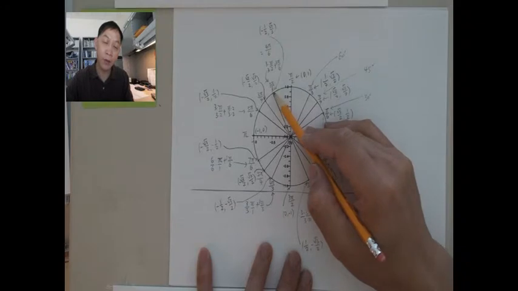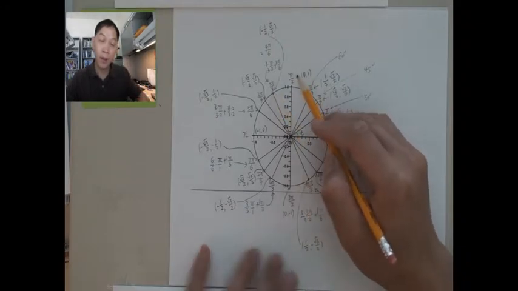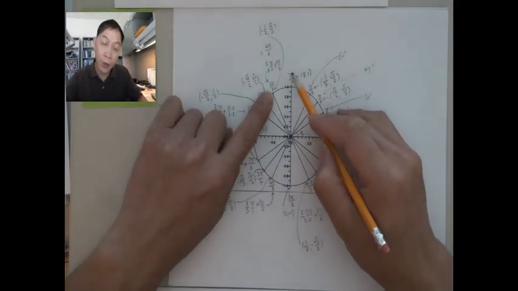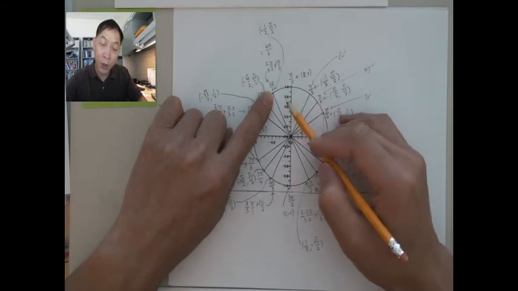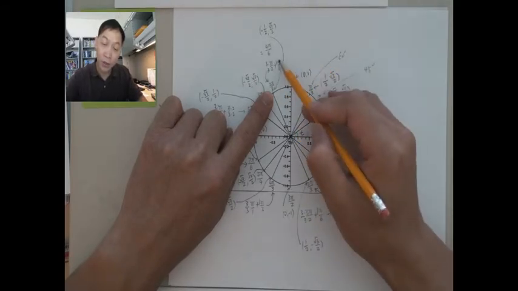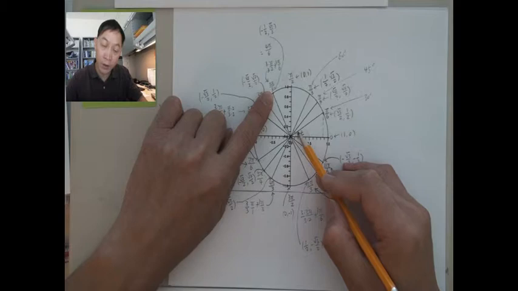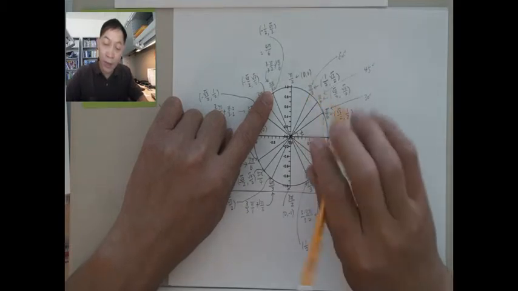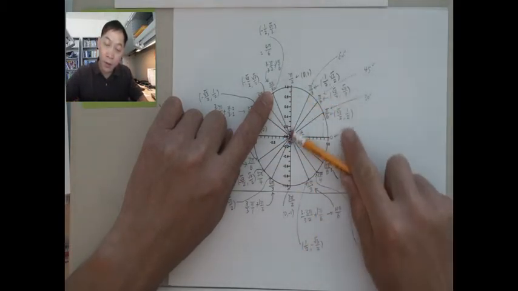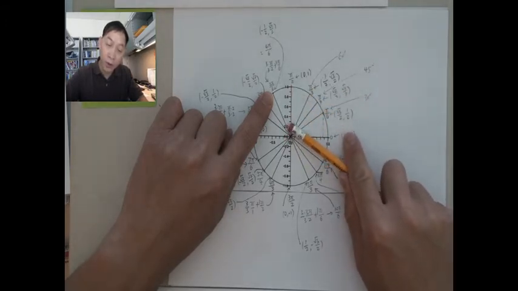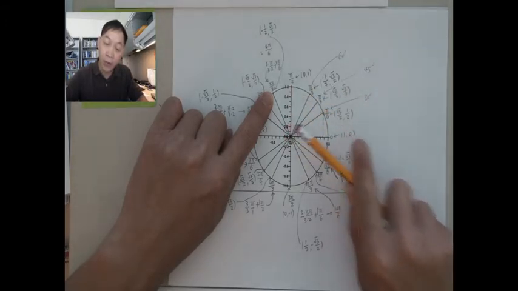And then, if you look at here, that's pi/2 plus pi/6. You see this amount is pi/6. So you add, this angle is pi/2, so this is pi/6.